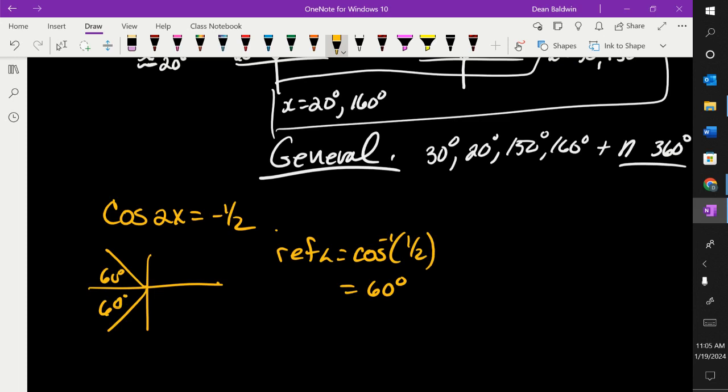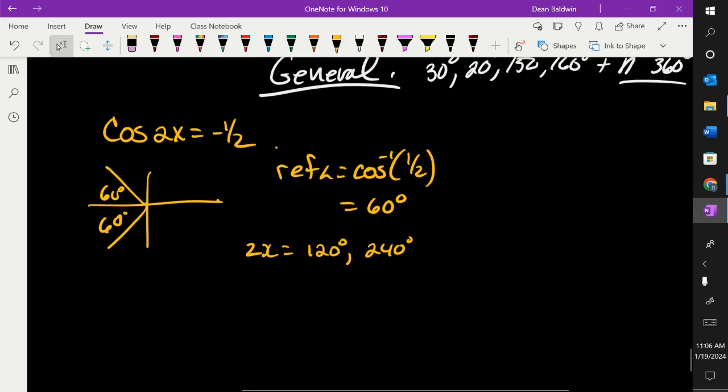If it was just x, we would go x is equal to 120 and 240, right? But it's not x. There's a 2 there. I don't want 2x, I want x. So divide them off. So x is equal to 60 and 120.